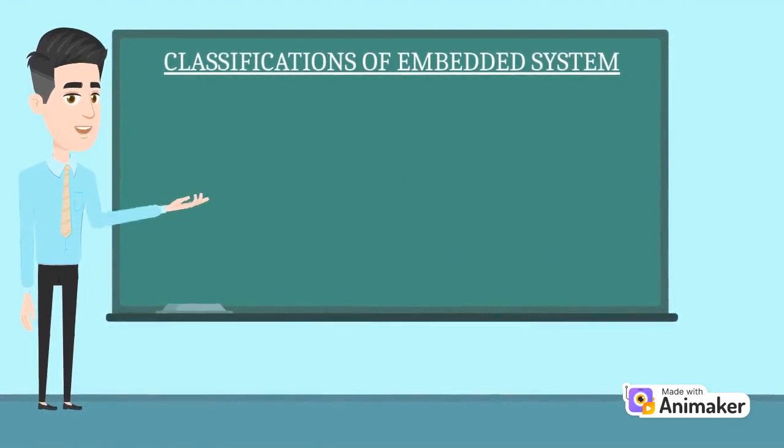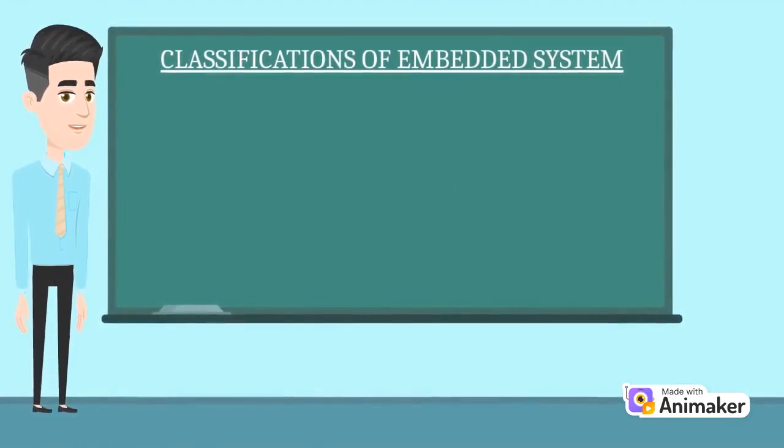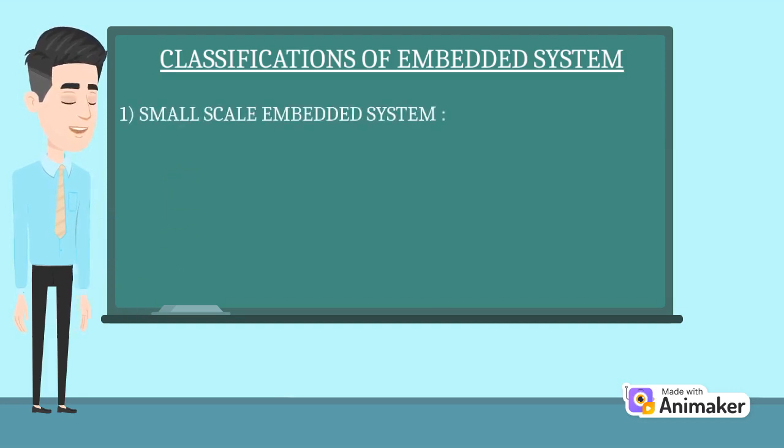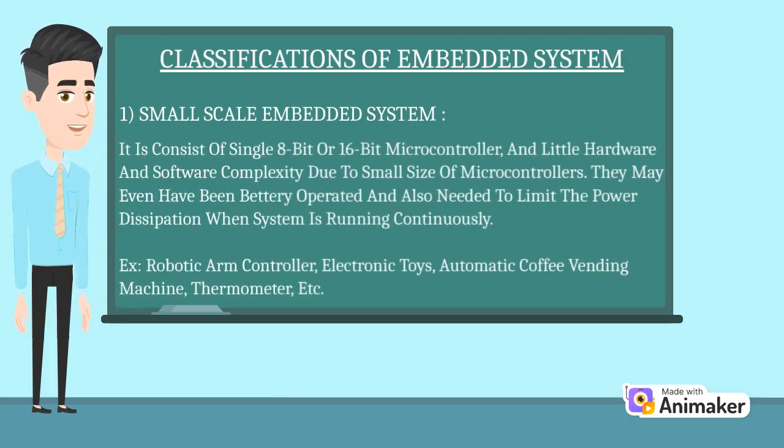After all those characteristics and constraints, I am going to tell you about classifications of embedded system. On the basis of performance of the microcontroller, embedded system classifies into the following three categories. 1. Small-scale embedded system. It consists of a single 8-bit or 16-bit microcontroller, and little hardware and software complexity due to the small size of microcontrollers.